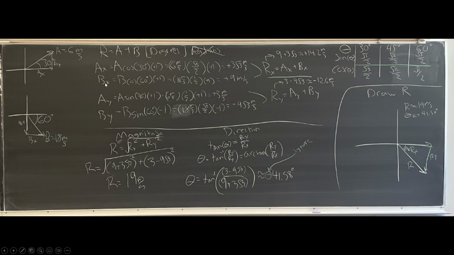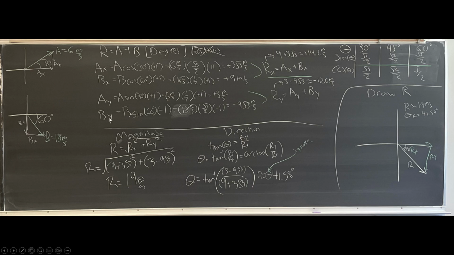For the X component of B, BX, the only difference is we use the magnitude of B multiplied by cosine of the angle we're given, 60 degrees, and BX is to the right, so we'll also multiply that by positive 1. That becomes 18 times 1/2 times positive 1, or positive 9 meters per second.